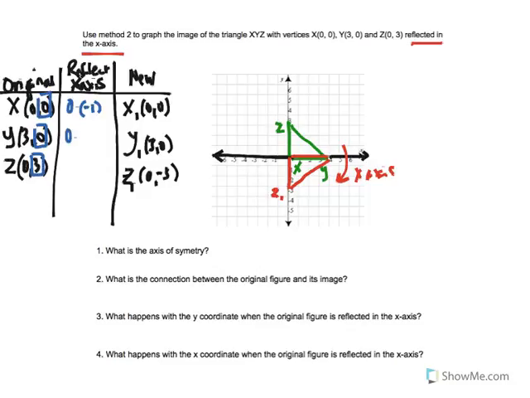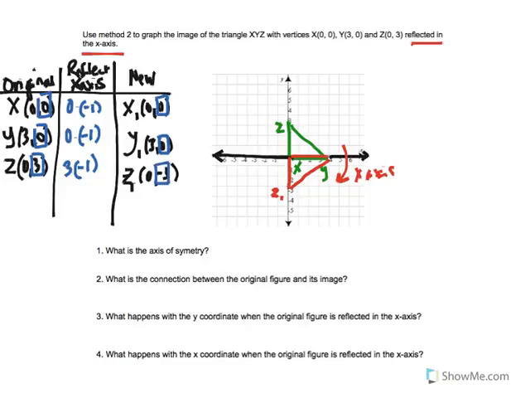Would this hold true in this instance? And yes, it would, because 0 times -1 is 0. 0 times -1 is 0, and 3 times -1 is -3.